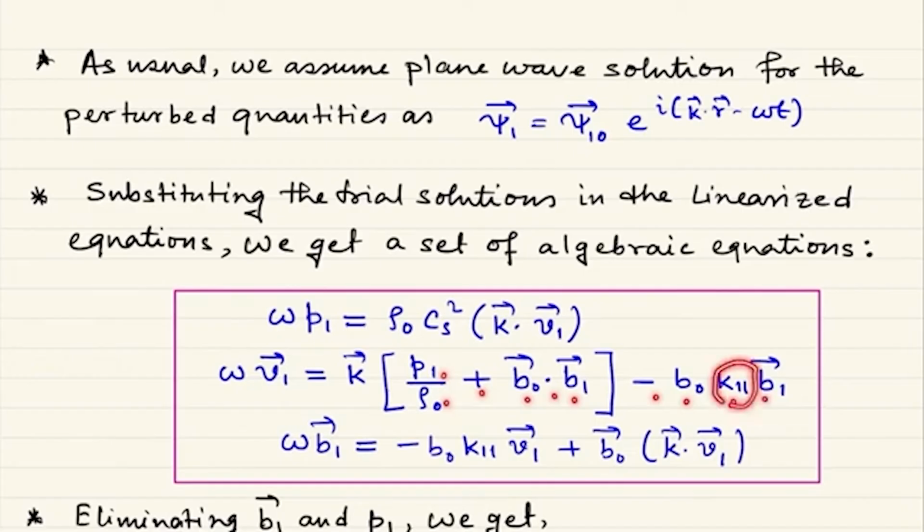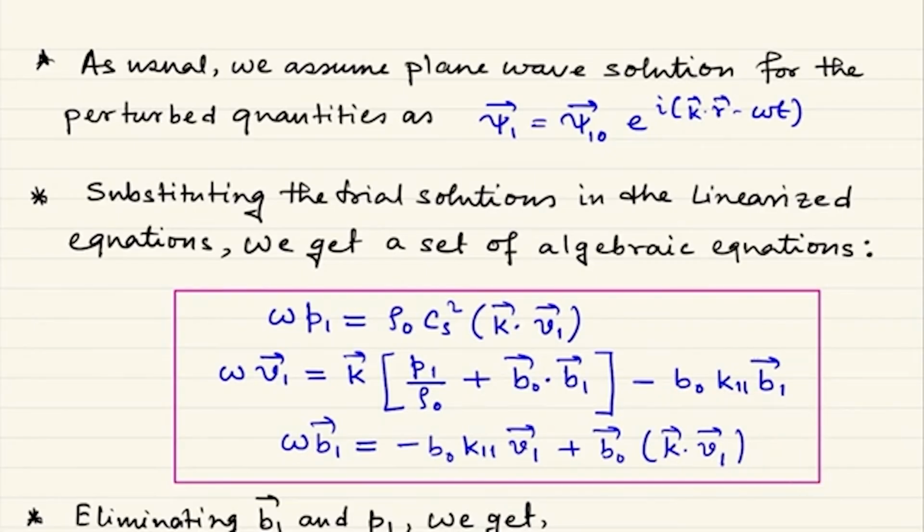Now what is k parallel? k parallel is nothing but the projection of the propagation vector in the direction of B0. So that's another way of writing. This is nothing but B0 dot k.